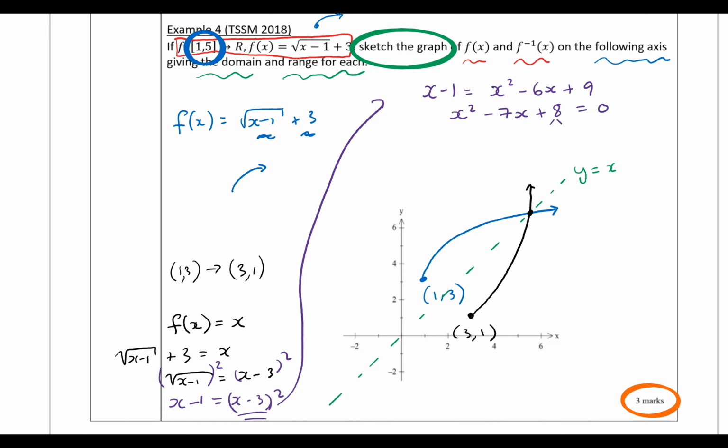And the factors of 8 that add up to negative 7 don't actually exist. It would be a good time once again to bust out the quadratic formula. x is equal to 7 plus or minus the square root of 49 minus 4ac, all over 2a. So that is 7 plus or minus the square root of 49 minus 32.